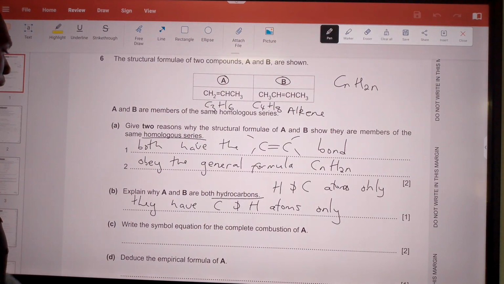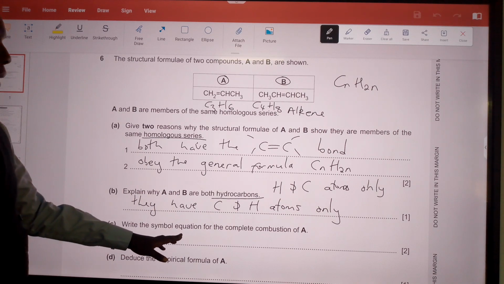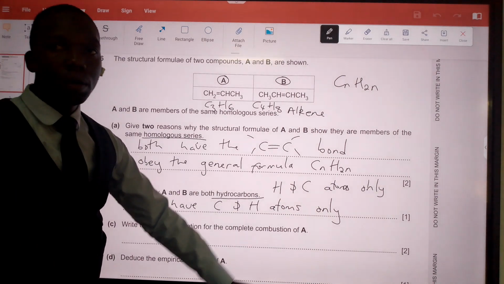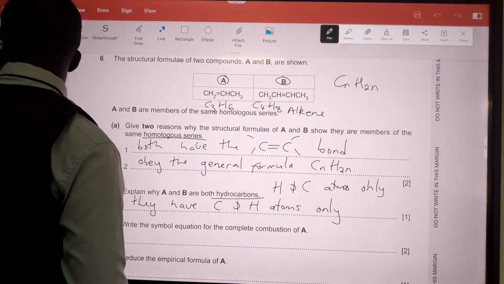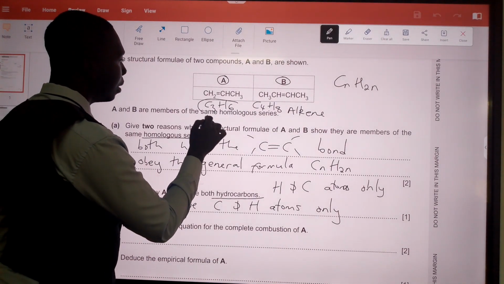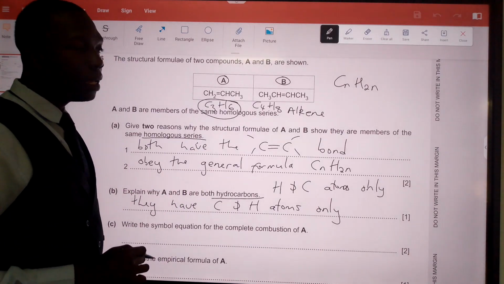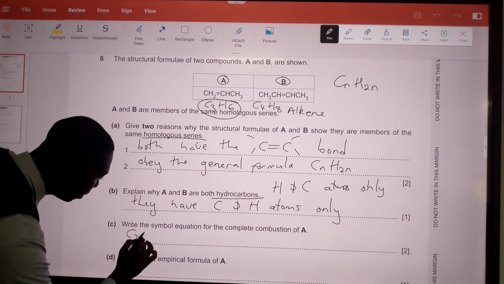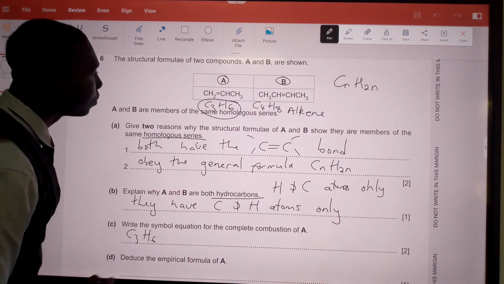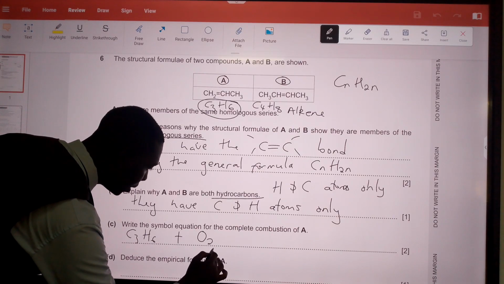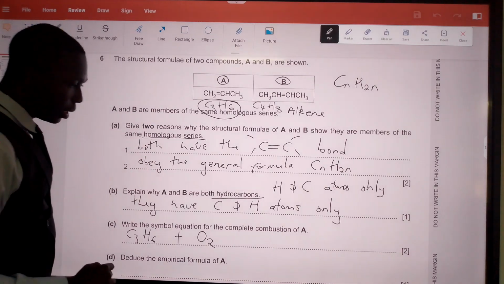The next question: write the symbol equation for the complete combustion of A. The molecular formula for A is C3H6. So this becomes C3H6 plus O2. Combustion always includes oxygen.